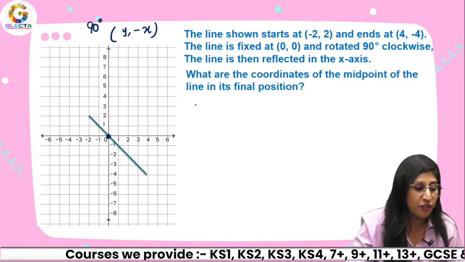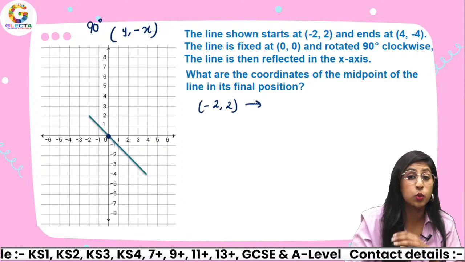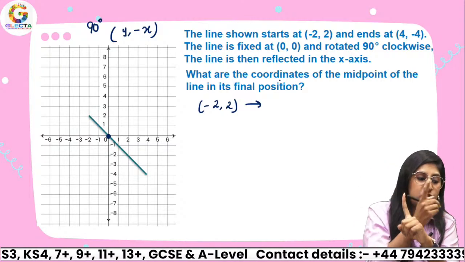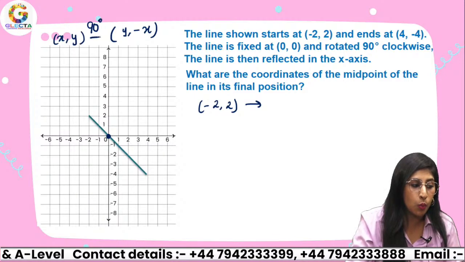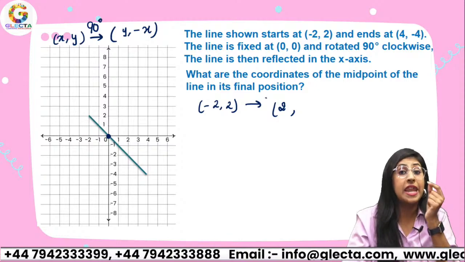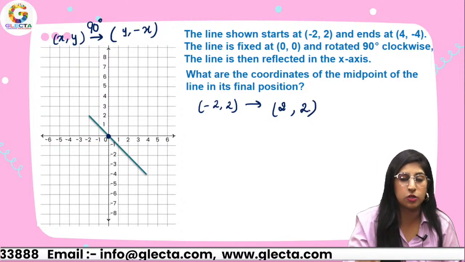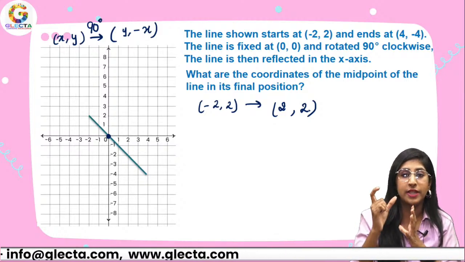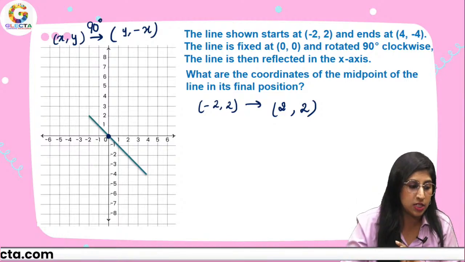So over here, if I have -2, 2, what will it become? Interchange them. X comma y becomes y comma -x. That means 2 as it is, and negative of -2, which is going to be 2. So that's the point that I'll be getting after rotating it about 90 degrees.